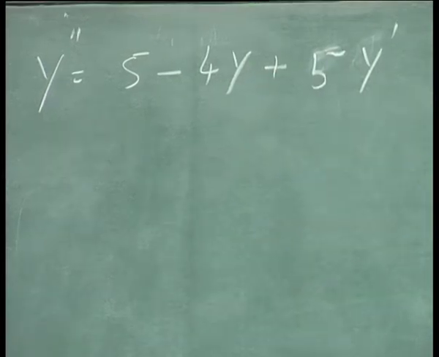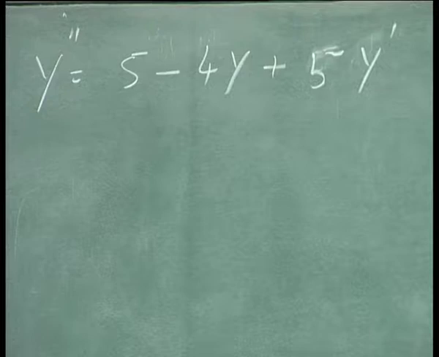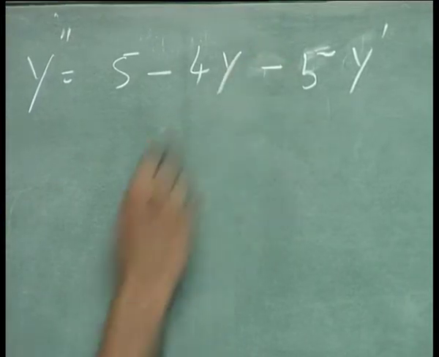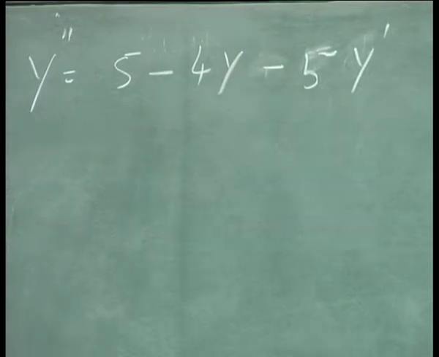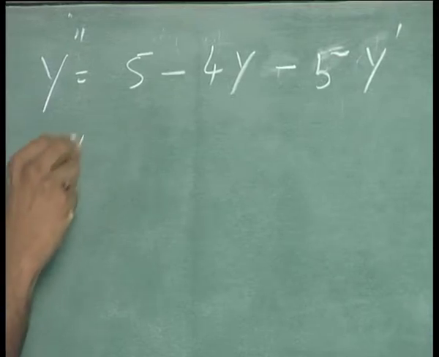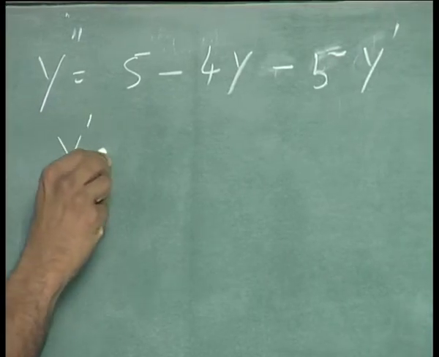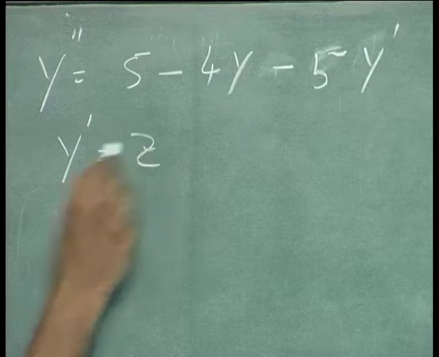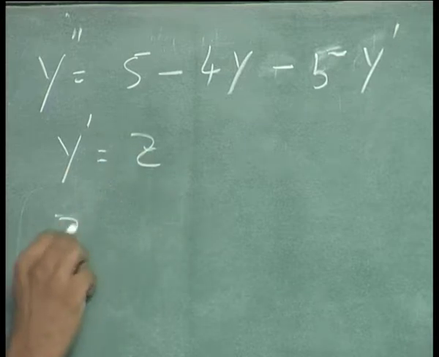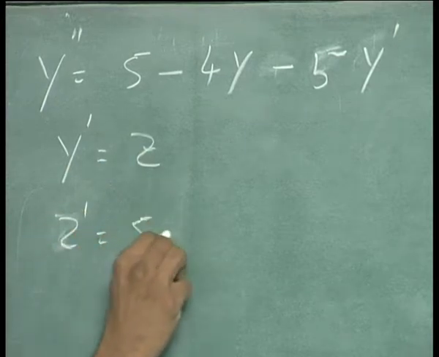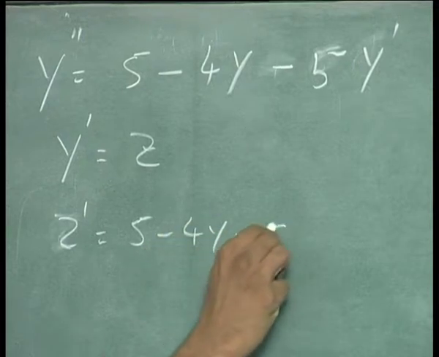That is the equation we are going to solve. We are going to write this as 2 things: y prime is equal to z, and z prime equal to 5 minus 4y minus 5z.